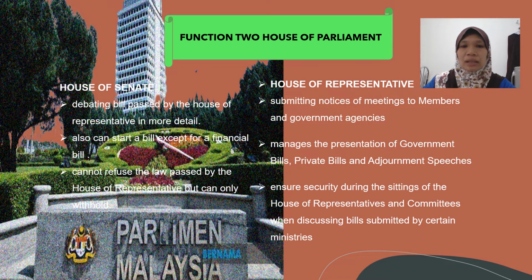Besides that, it also manages the presentation of government bills, private bills and adjournment speeches, performs translation of the official portal of Parliament, and also ensures security during the sittings of the House of Representatives and committees when discussing bills submitted by certain ministers and so on.